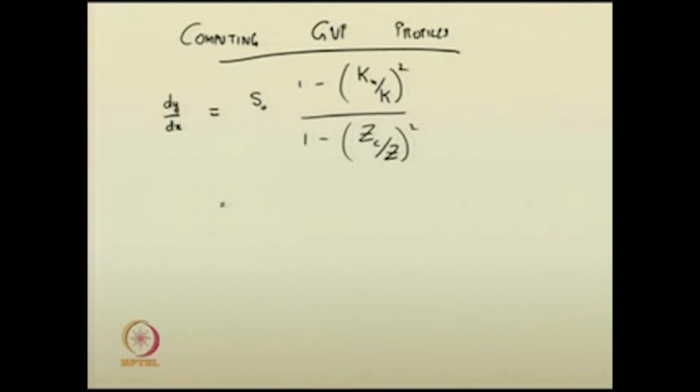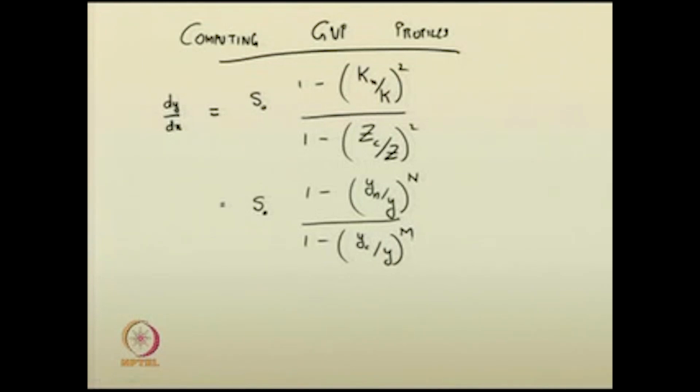You can write this in terms of y also, as we derived in the last class: 1 minus (yn by y) whole to the power of the hydraulic exponent n, divided by 1 minus (yc by y) whole to the power of m.